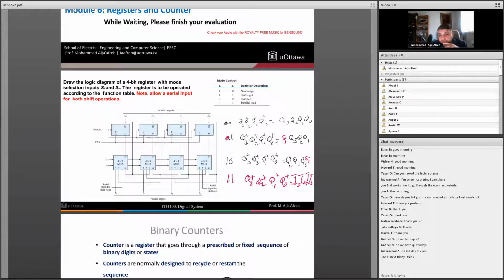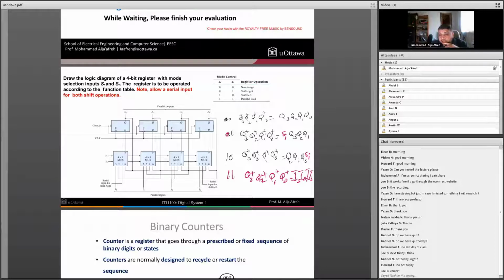Okay, so what's going to happen is, if you see at the no change here, the next state will equal the present state. However, when we do the shift right, instead of putting 0 at the most significant bit, we're going to allow the serial input instead of a 0.